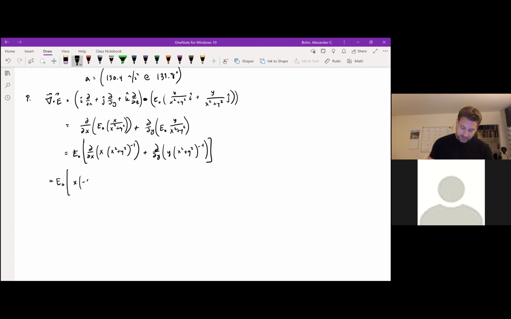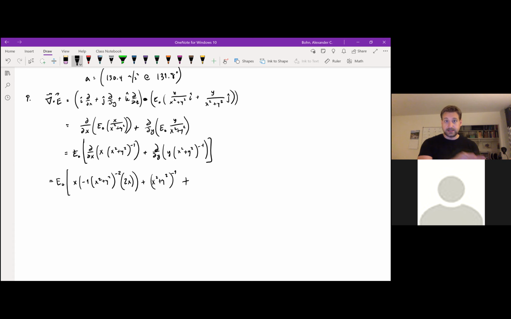So that's negative comes down, thing to the negative, 2x, plus the second thing times the derivative of the first thing, which is just 1. Plus, now, the second term, the second derivative, I mean, has exactly the same form.